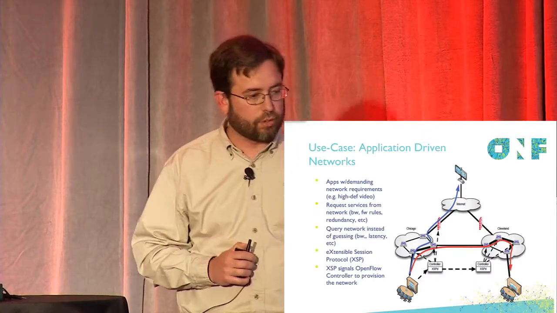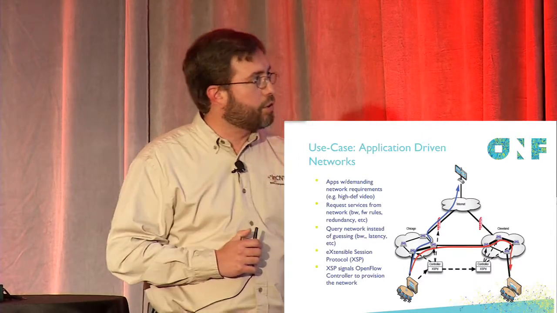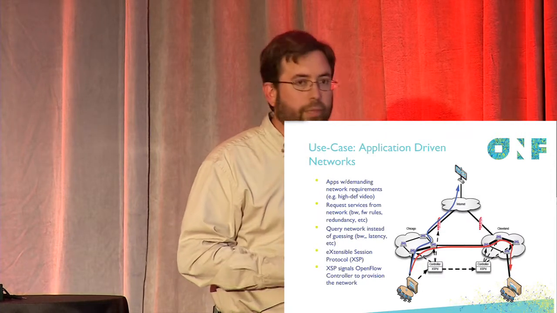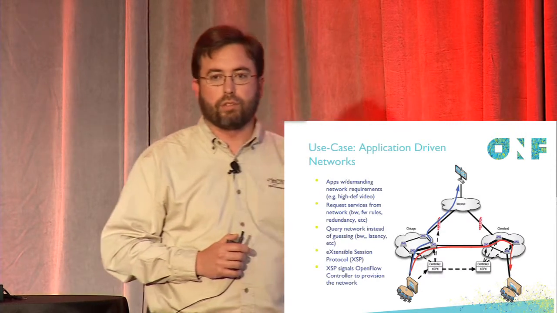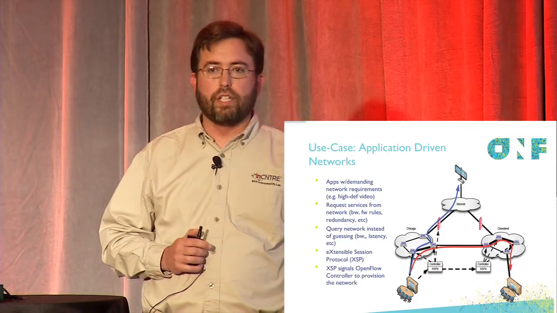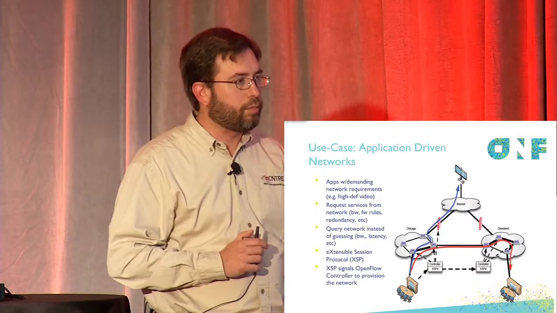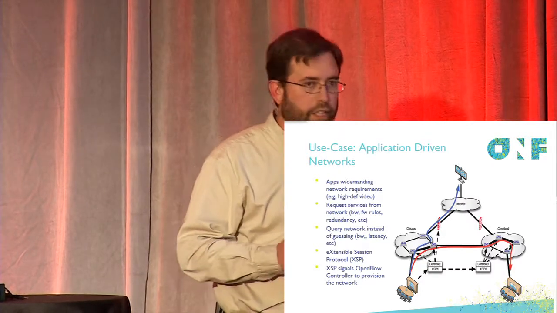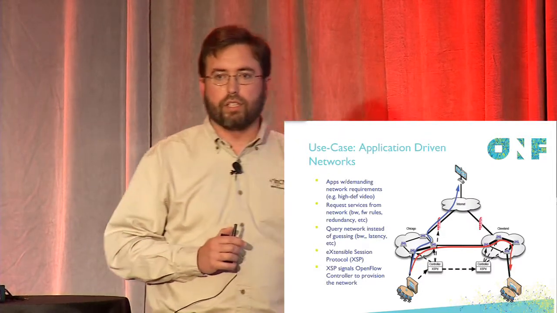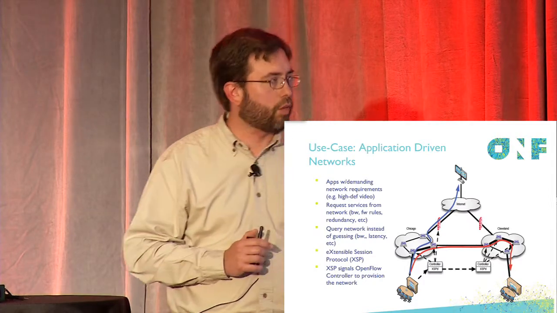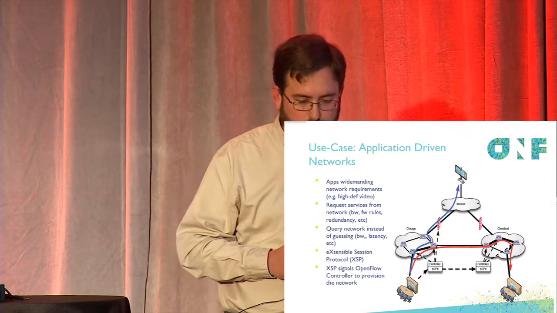HP has a similar demo to that. It could also take the form of dynamically opening up firewall policy. Say if you're doing a video off-site, it can actually negotiate that. The connection between the application and the XSP daemon is actually authenticated and authorized, so you know that application is authorized to get the network requirements that it's looking for.